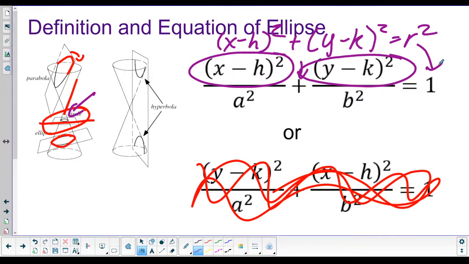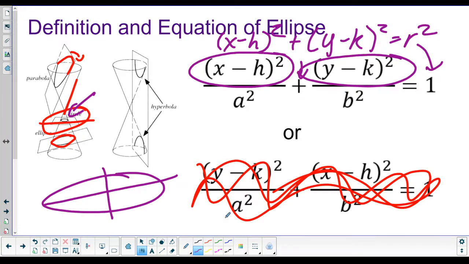So what's going on with this is because an ellipse has a minor and a major axis, it kind of has 2 radii. It has a long radius and it's got this little short radius, right? So we can't capture the full essence of an ellipse in a single radius number.